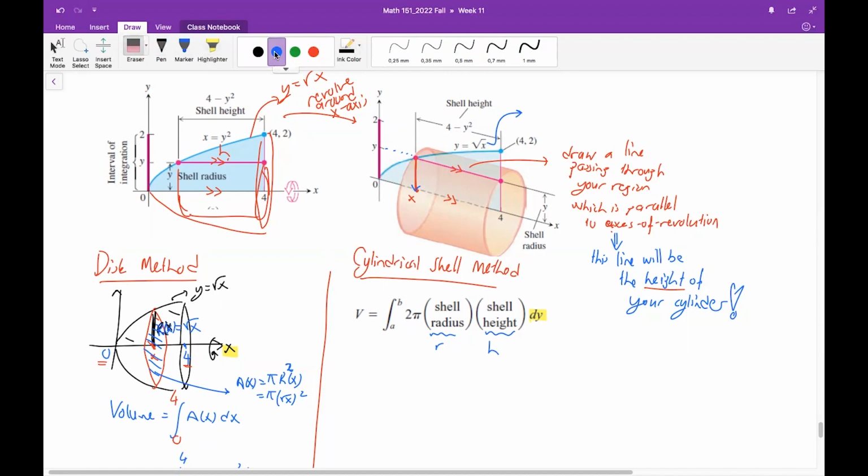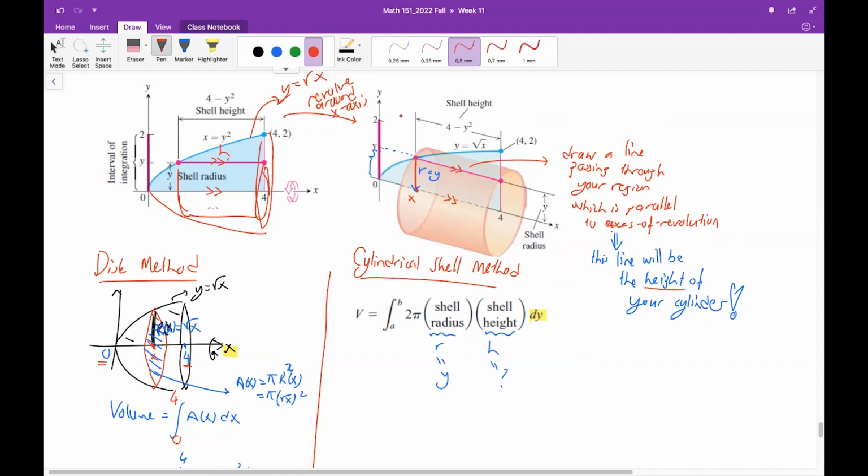In fact, the radius is already this part, y. And now we will find the height of this cylinder. So this is, as you can see from the picture, for any arbitrary y point, the radius is y. Okay, now what is the height?